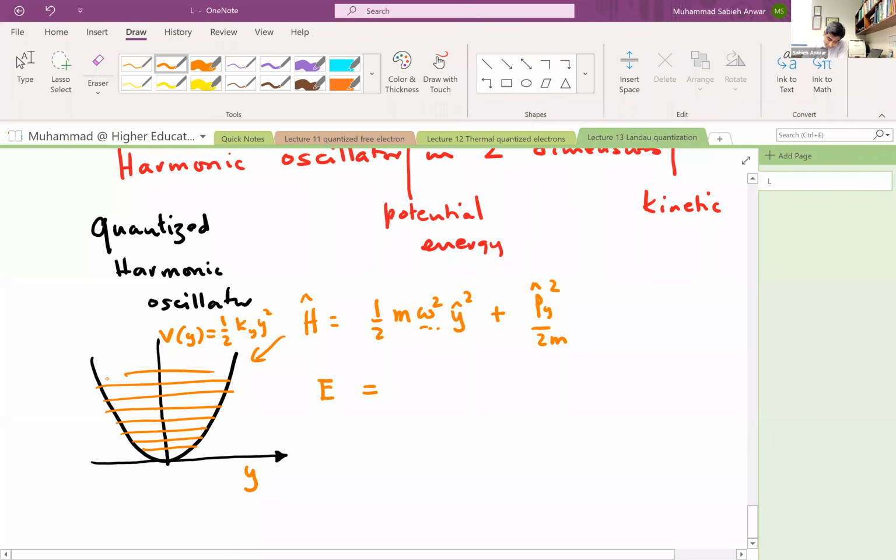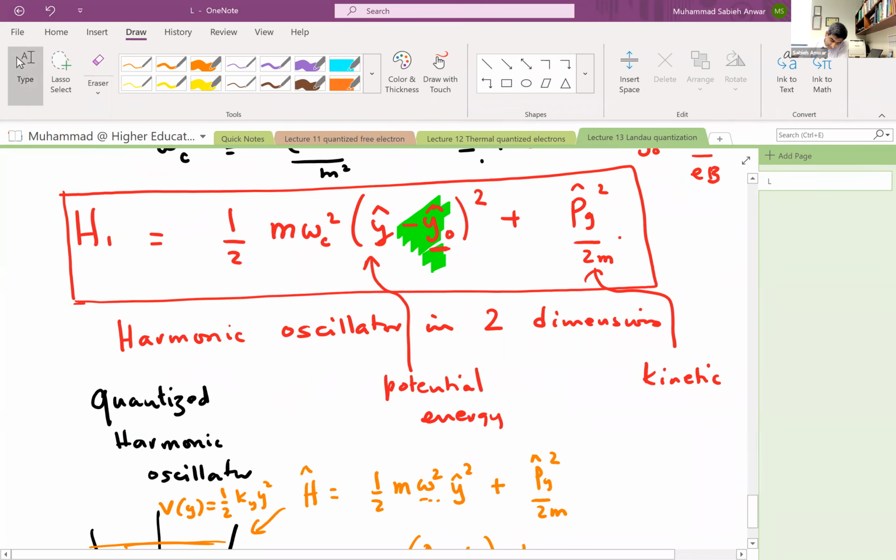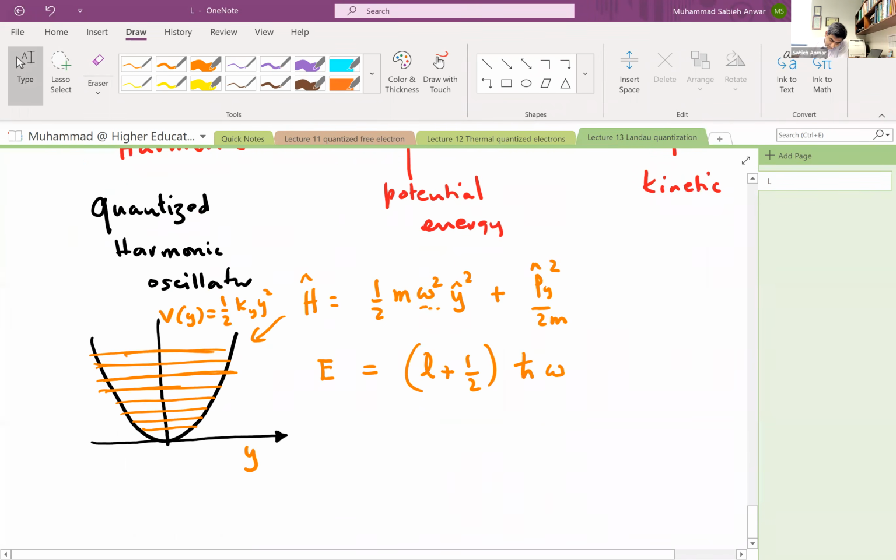Exactly. So the energy levels are quantized. The harmonic oscillator cannot pick up any energy whatsoever. The energy levels are rather quantized, and those energy levels are quantized by some quantum number, let's call it L, plus half h bar omega. And in our case, this becomes omega c.